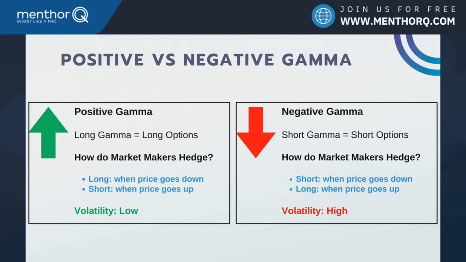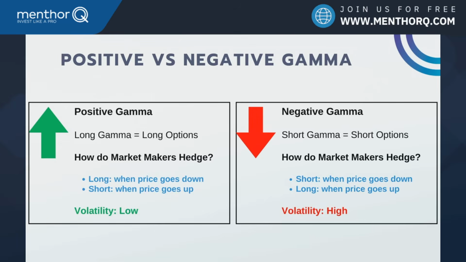If we are in a negative gamma environment, the market is net short options, meaning the market has been selling more options than buying. In this case, the market makers need to hedge differently. They sell when the price drops and they buy when the price rises. As you can see, this hedging amplifies the moves instead of dampening volatility.